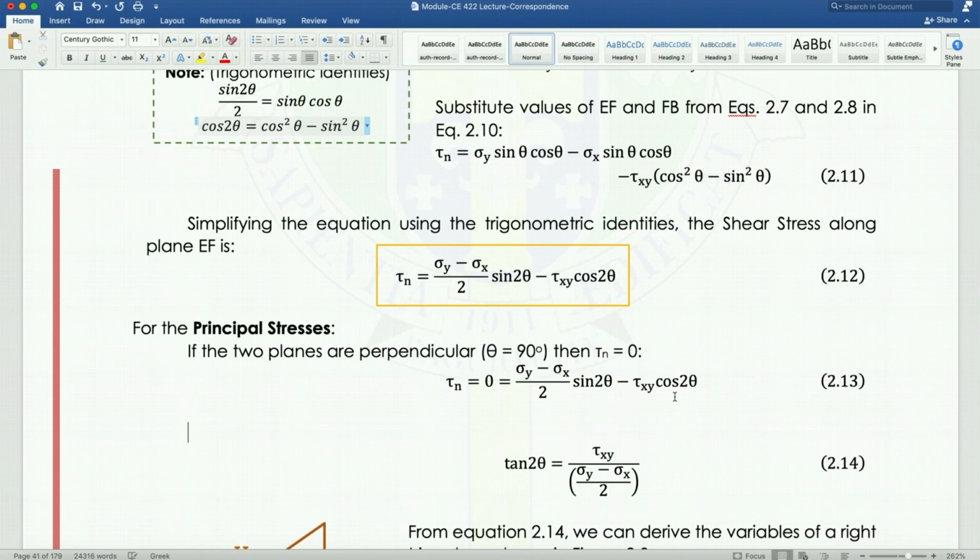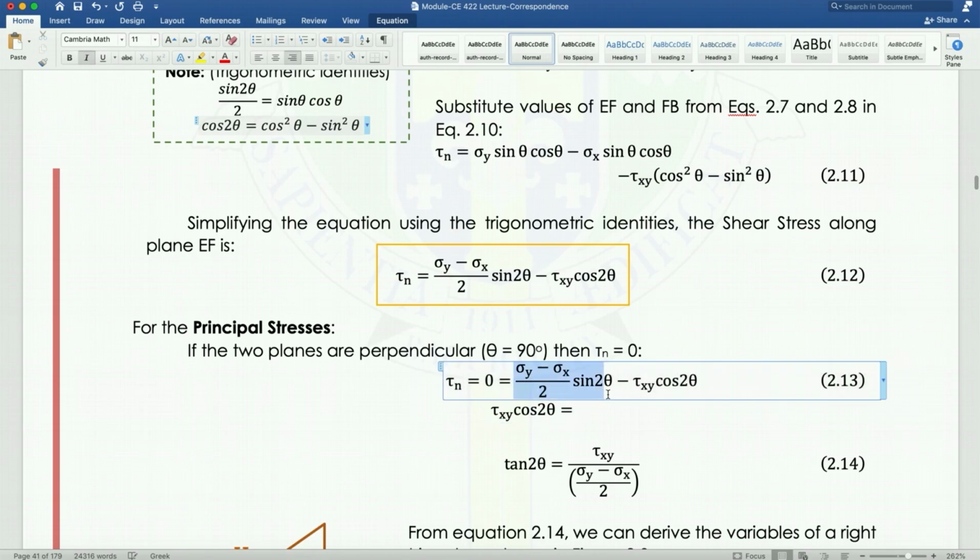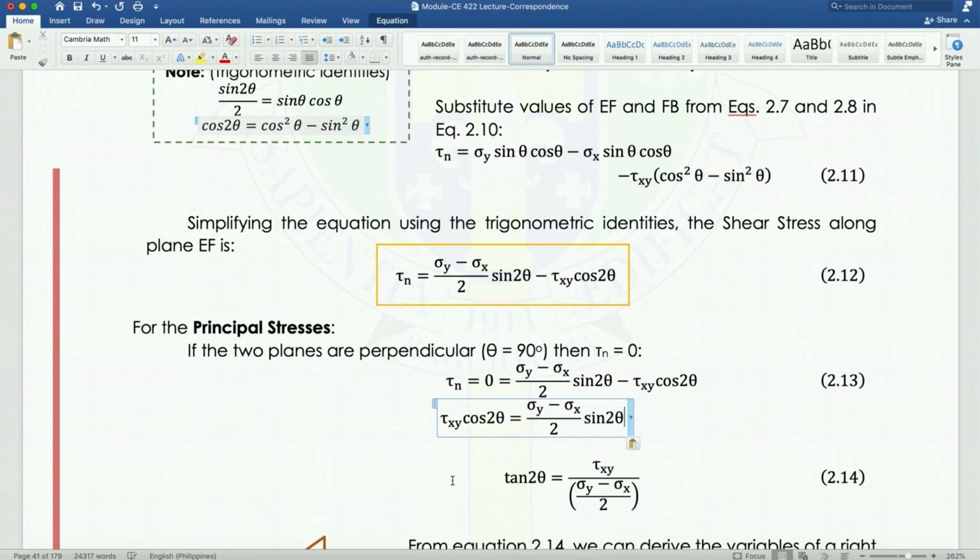So pag na-transfer na to on the other side of the equation, mangyayari niyan, sine, copy natin, we have here, this is equivalent to this. Okay? Now, sine 2 theta over cosine 2 theta is equivalent to tangent. So, cross-multiply ulit ang mangyayari dyan. Okay? So, magkakaroon tayo ng cross-multiplication.